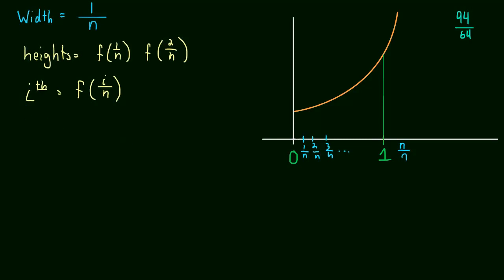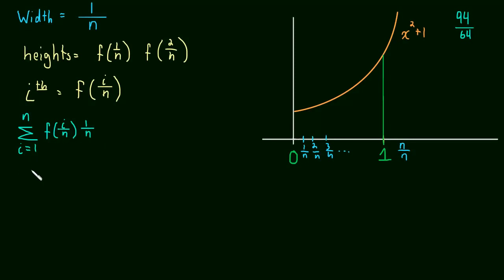Okay, so we got that down, and now we got to write out our sum. Oh, I also, just real quick, forgot to label this function again, x squared plus 1. Okay, so now let's write out our sum. So this is the sum as i goes from 1 to n, because we have n rectangles we're summing up, of f of i over n times the width, which is 1 over n.